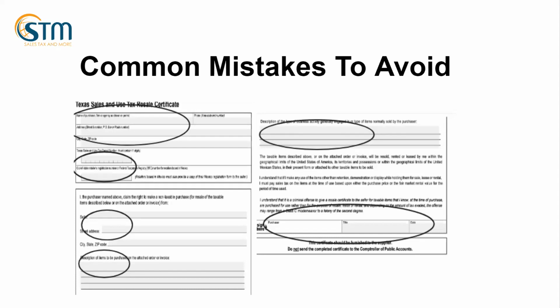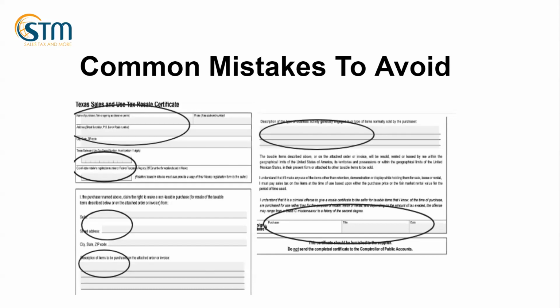If you've got 10 digits, there's a problem. If you've got 12 digits, there's a problem. And you need to either question what's going on or reject the certificate, because the auditor is going to reject the certificate if they see there's an issue there. So you don't have to make sure it's a valid permit number, but you do have to make sure it has the correct number of digits. And there are some other states like that, like Illinois.